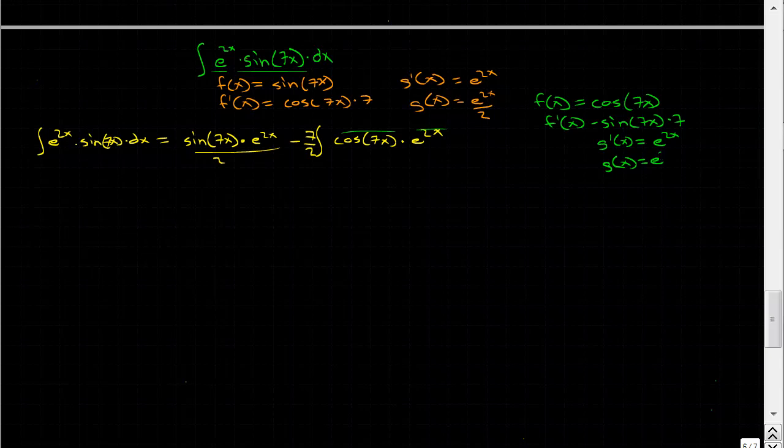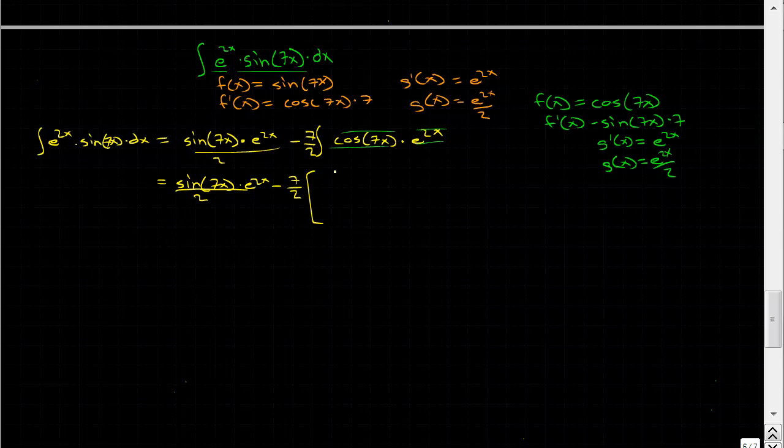We have e to the 2x divided by 2. So that's our new f of x and our new g prime of x. Let's plug this in again. We have sine 7x times e to the 2x divided by 2 minus 7 over 2.